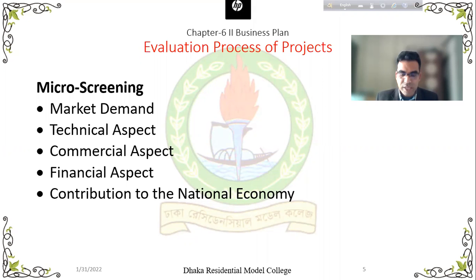Then number 4, financial aspect. আর্থিক দিকটা কি? In this case, a project is selected considering the expenditure of the project, sources of financing, return on investment.